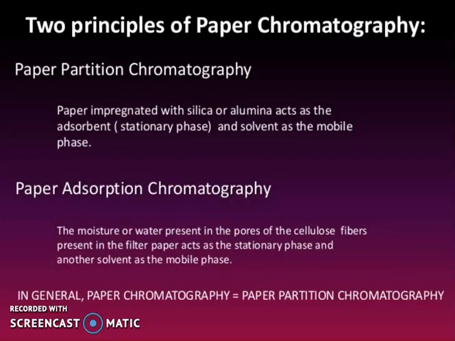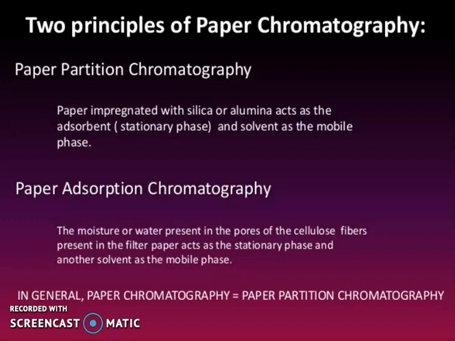So, two principles of paper chromatography: paper adsorption chromatography and paper partition chromatography. In paper adsorption chromatography, paper impregnated with silica or alumina acts as the adsorbent, the stationary phase, and the solvent as the mobile phase.